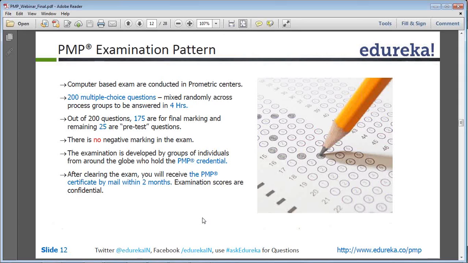So now you cannot say whether it's a pass mark or not, but roughly people might take it as around 70% to be the pass mark, but that's what it used to be earlier, but now they have changed the pattern and there is no marks that is declared. So when you get your mark sheet saying that you have passed, it will not say how many percentage you have got. It will say in the different areas whether you are proficient or not proficient.